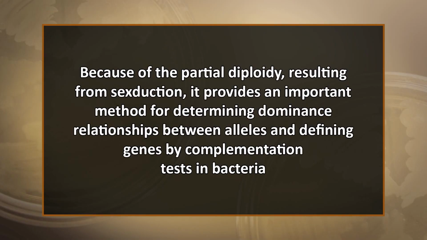Recombination of this type mediated by F prime factors is called sexduction or F-duction. Because of the partial diploidy resulting from sexduction, it provides an important method for determining dominance relationships between alleles and defining genes by complementation tests in bacteria.